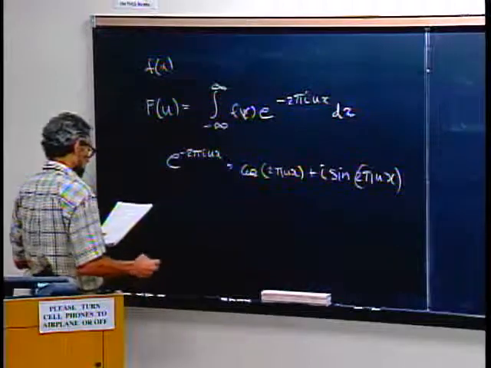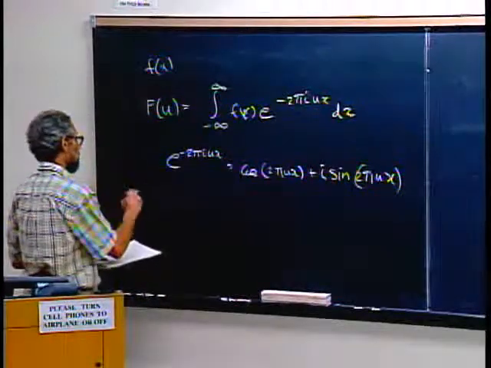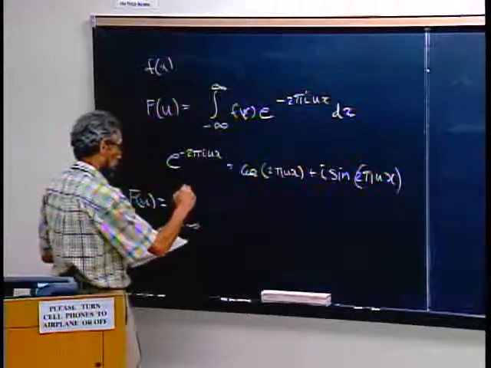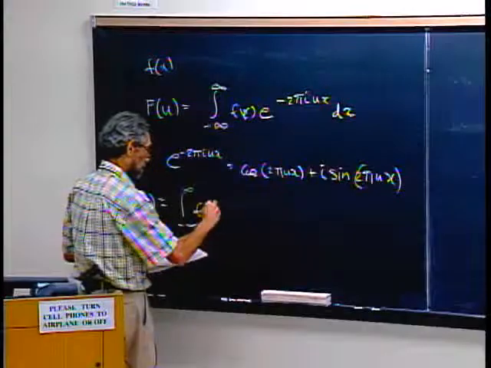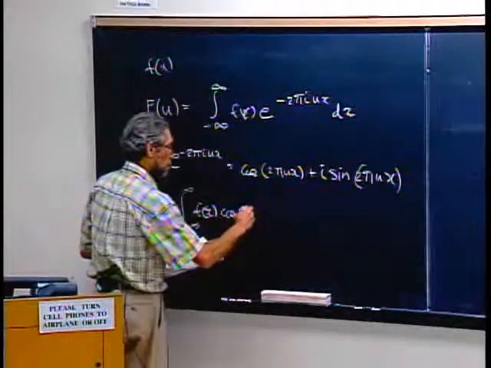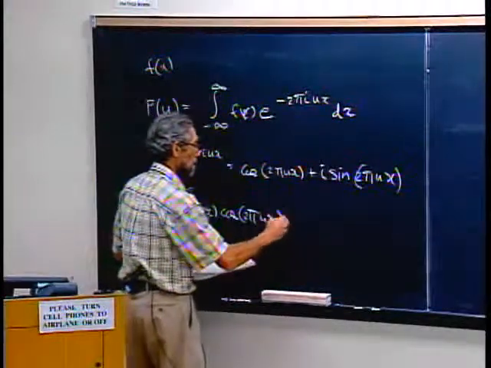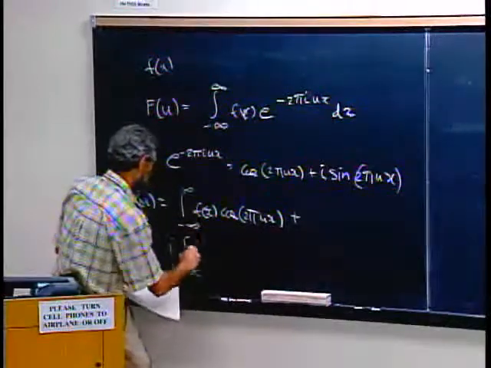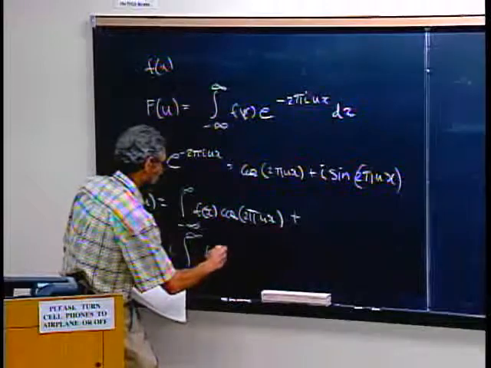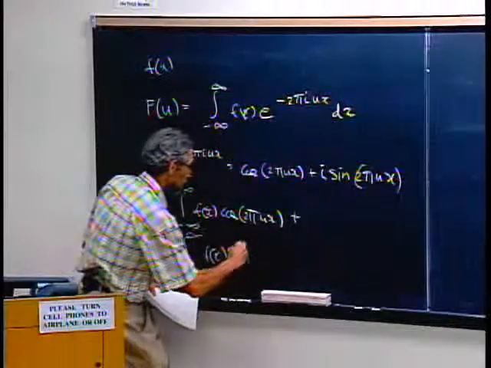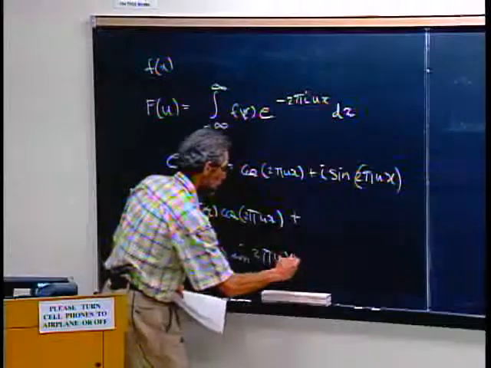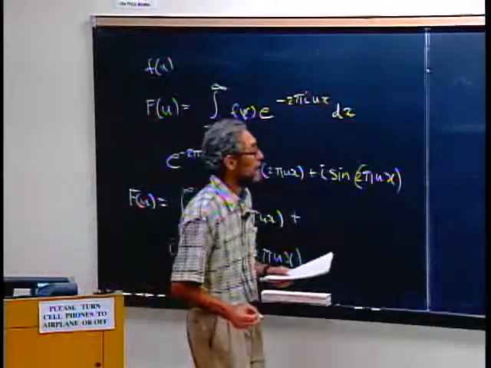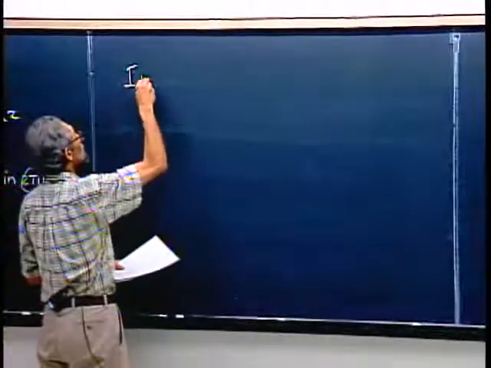Let's see. So that means F of u is the integral with the cosine, 2 pi ux, plus i times the integral with the sine. Okay, and now you can get an inverse Fourier transform to go backwards.